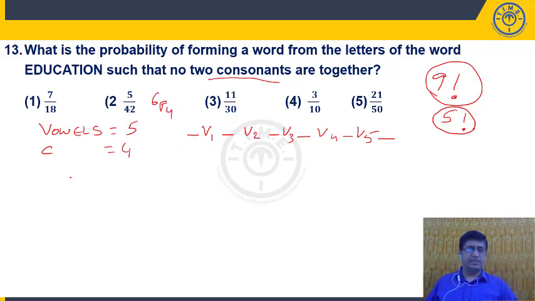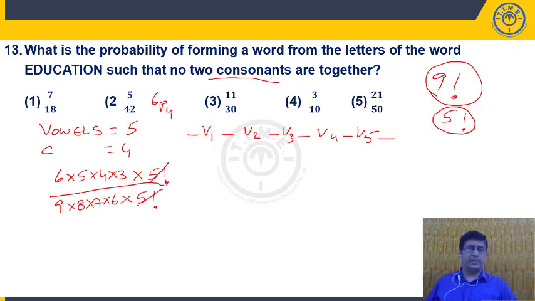So what is the answer? 6P4 is 6 into 5 into 4 into 3, into vowels 5 factorial, divided by 9 factorial, which is 9 into 8 into 7 into 6 into 5 factorial.